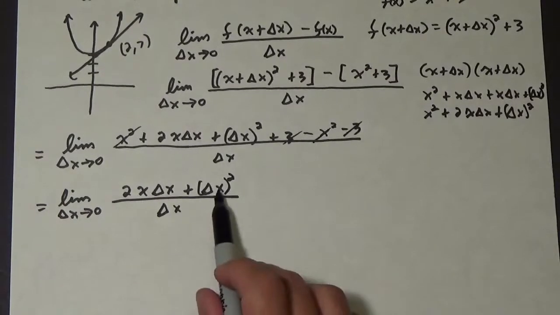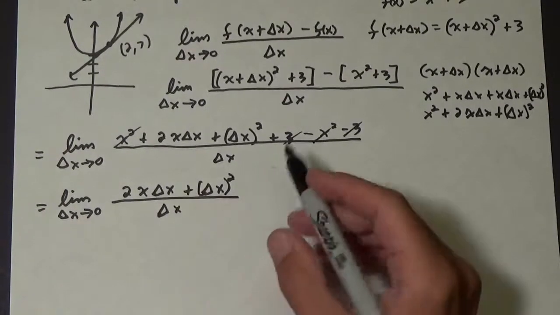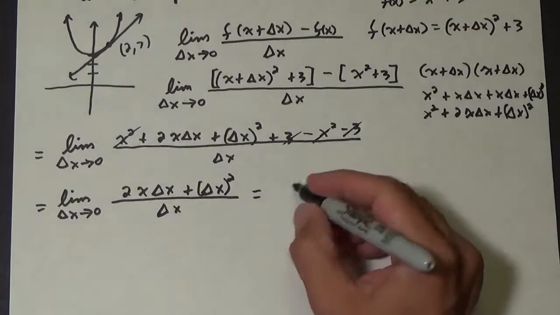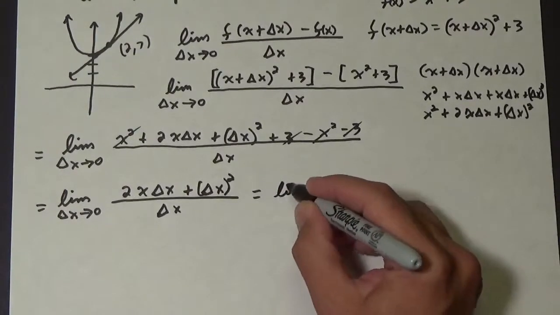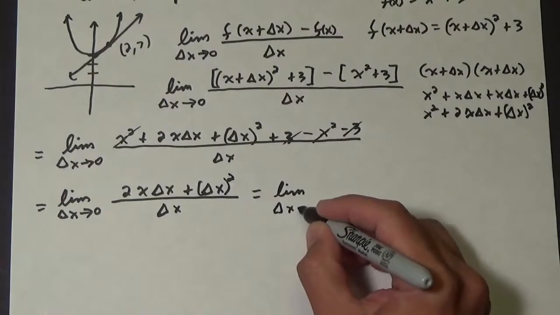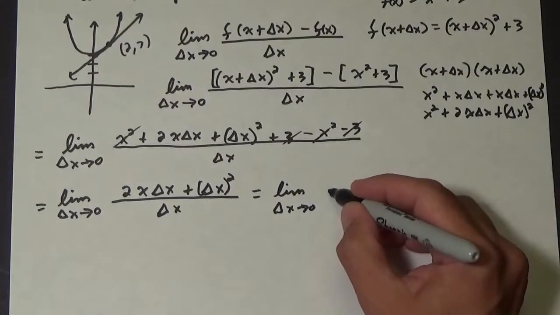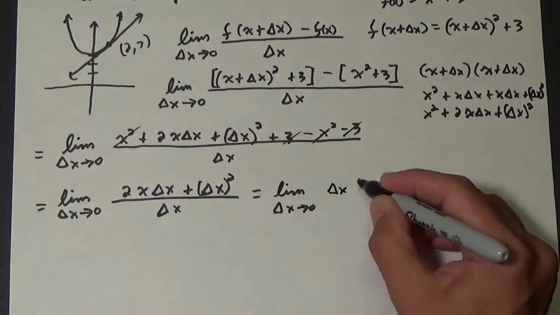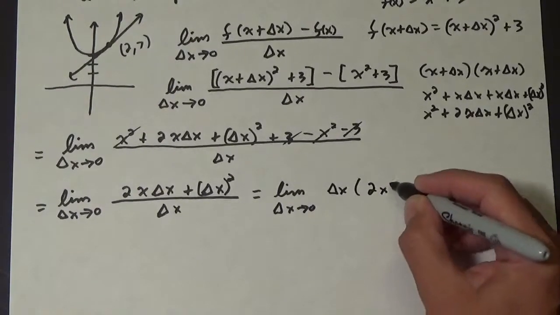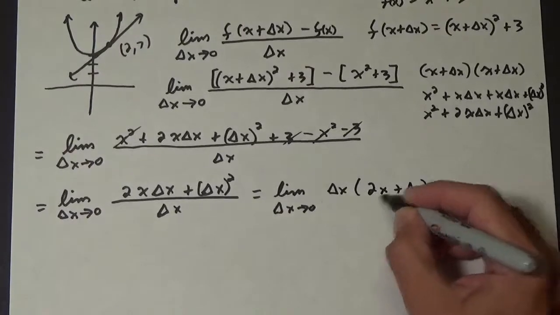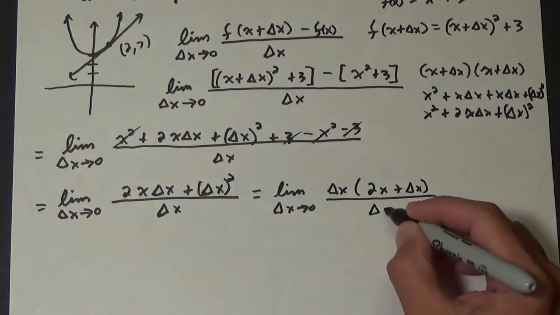All right, now the next thing we're going to do is we're going to factor out a delta x. So this is going to equal the limit as delta x approaches 0 of delta x times 2x plus delta x all over delta x.